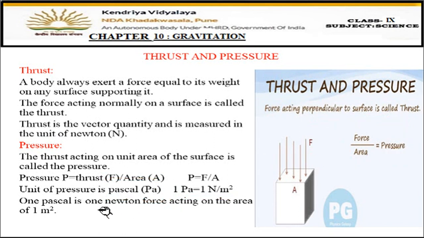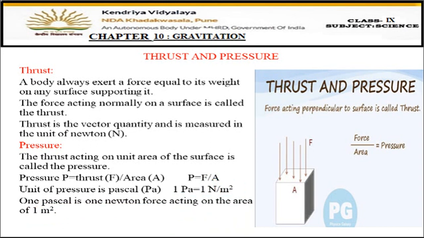Now how can we define 1 Pascal? 1 Pascal means when 1 Newton force is acting on 1 meter square area. 1 Pascal is that force which is acting on a unit area. This is how we define the units also.